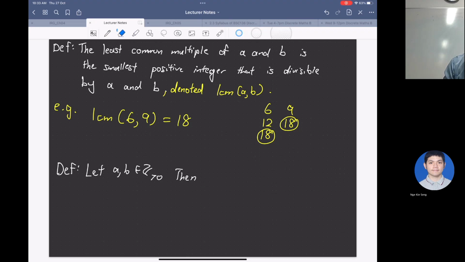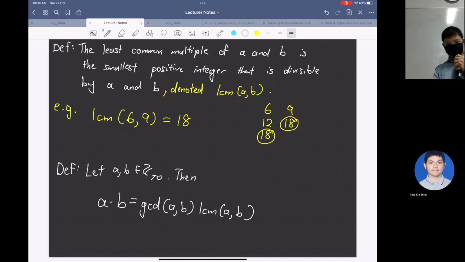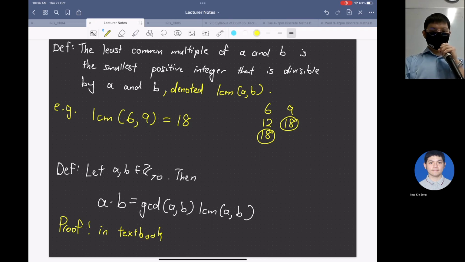If you want to compute the product of two numbers, it's actually the GCD times the LCM of A and B. This is always true. You can prove it in the textbook. The product of A and B is just GCD times LCM.